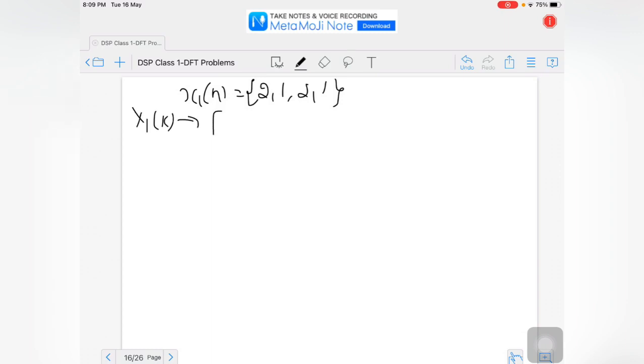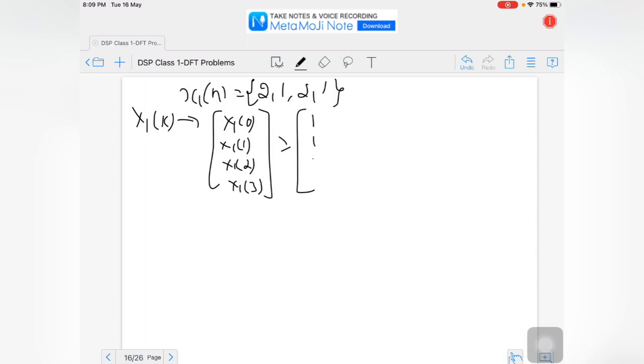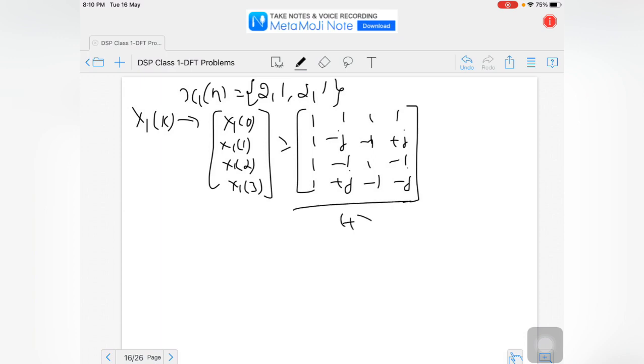We have a 4 cross 4 matrix: x1 of 0, x1 of 1, x1 of 2, x1 of 3 is equal to the twiddle factor matrix with rows 1, 1, 1, 1; 1, minus j, minus 1, plus j; 1, minus 1, 1, minus 1; 1, plus j, minus 1, minus j, multiplied by the input 2, 1, 2, 1.